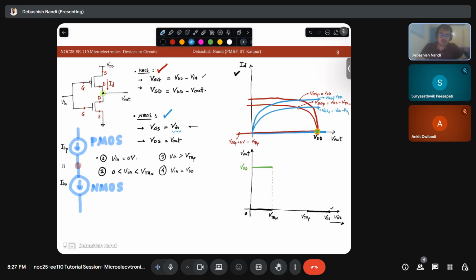Please stop me if you have not understood till this much. And what is the intersection then? In this case, the intersection is this point. So V out is your 0. So in this region, your V out is 0. Is that clear? Yes, sir.